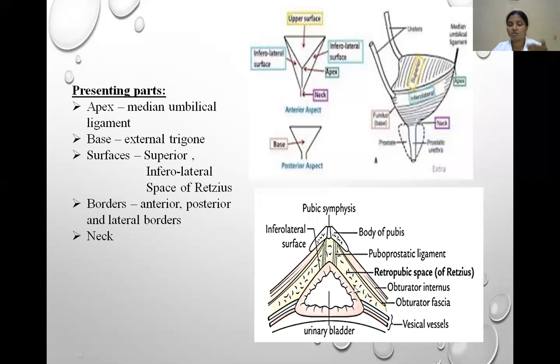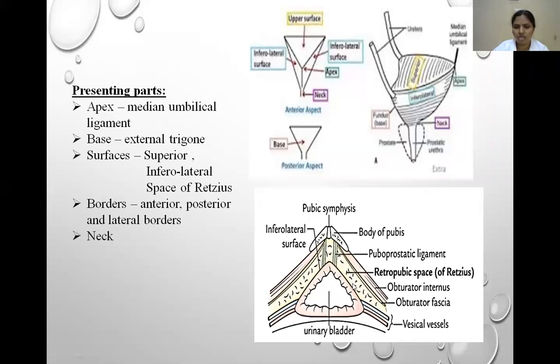Further, the prostatic venous plexus accompanies the vesical venous plexus. All these venous plexus finally drain into the internal iliac vein by means of the inferior vesical veins and partly by the superior vesical. So mostly these veins drain into the internal iliac vein.